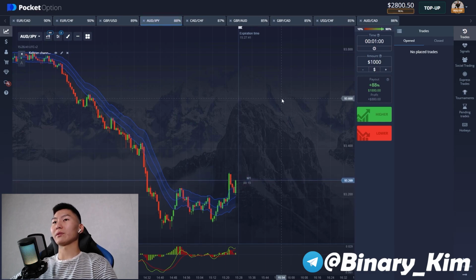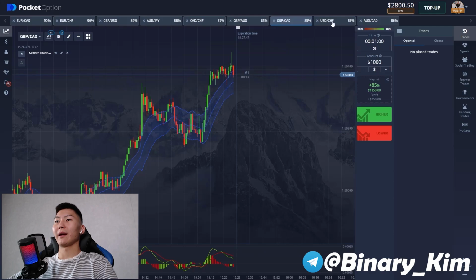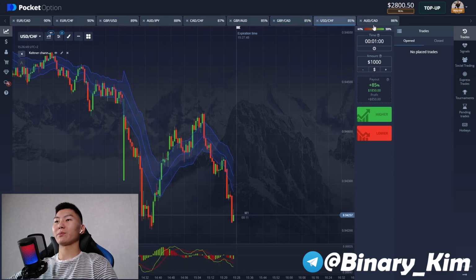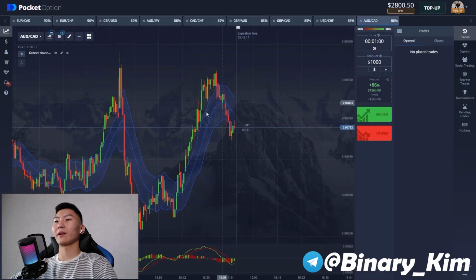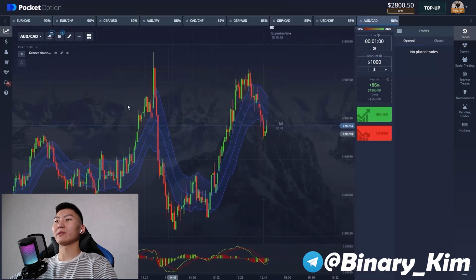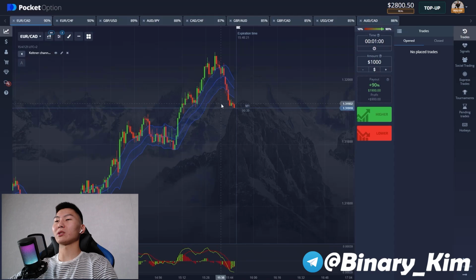We got almost $3,000 on our balance, and I think we open a final position and make a good profit. And let's choose our currency pair. So let's see, we need to open a final trade, guys.